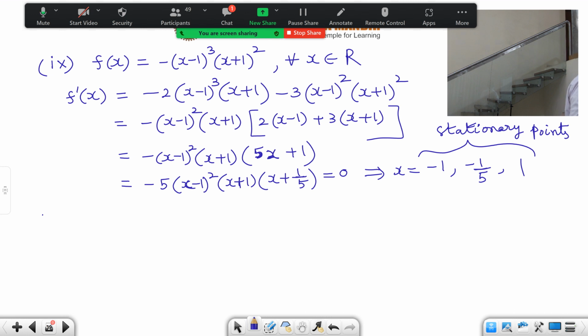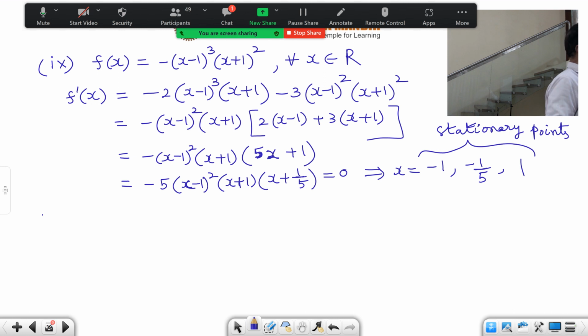So, what is the definition of turning point? The actual definition is that a turning point of a function is the point where the derivative changes sign, either from positive to negative or negative to positive. That point is called a turning point.